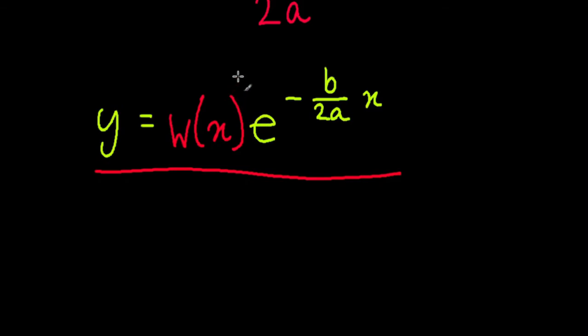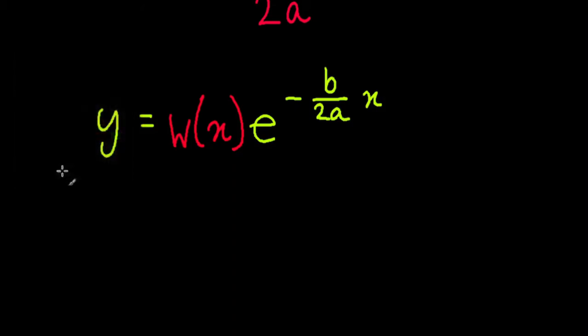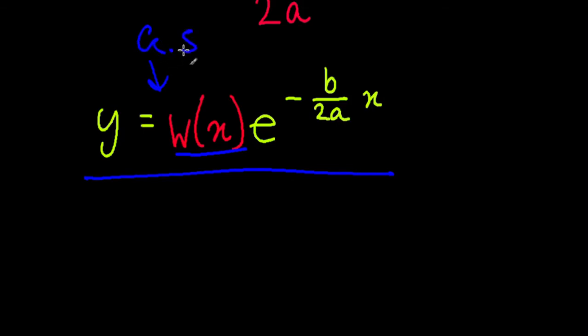I'm trying to find some function w such that if I multiply w with e to the power negative b by 2a times x, this is going to be my general solution to my differential equation.